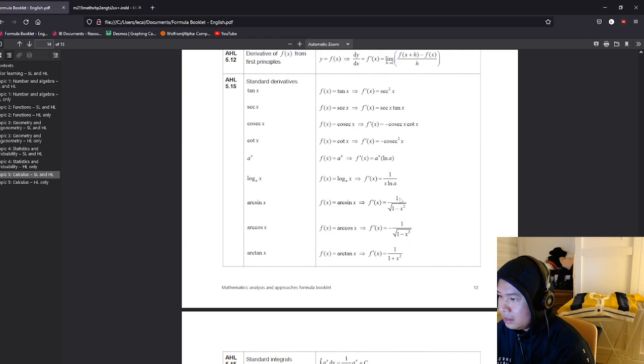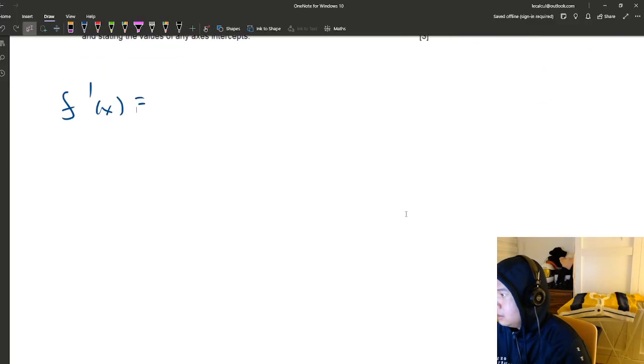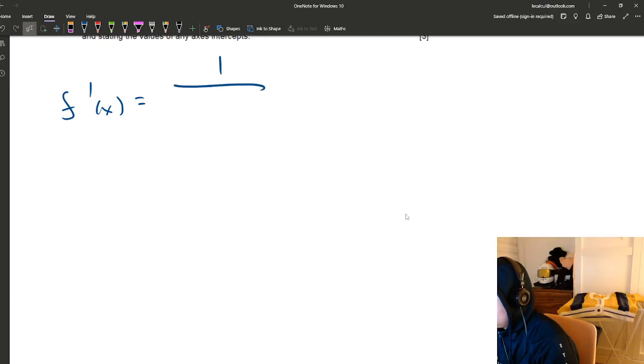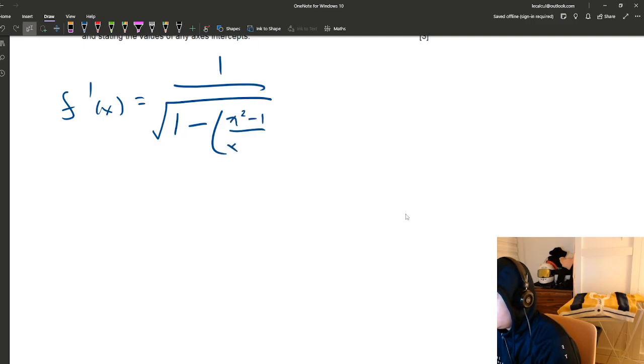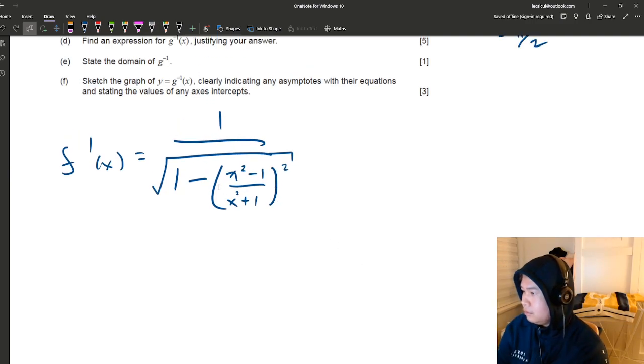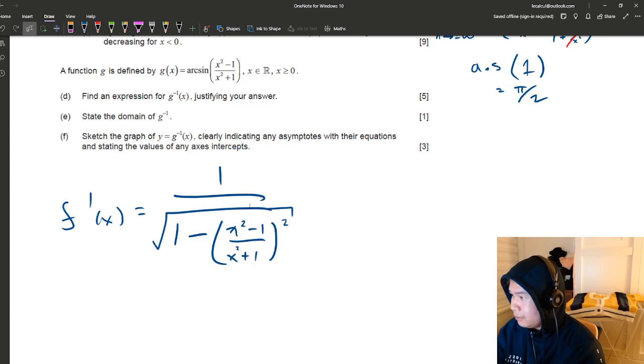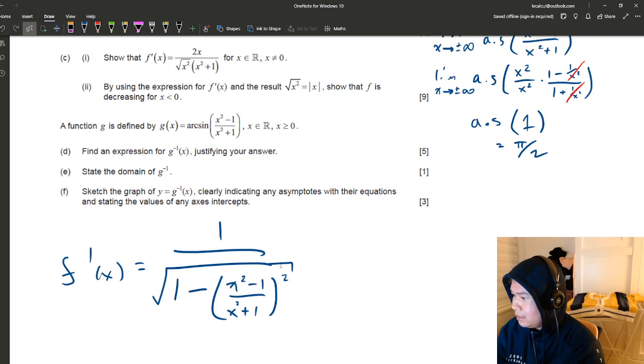So 1 over the square root of 1 minus x squared, where x is the second function, the inner function, this thing.